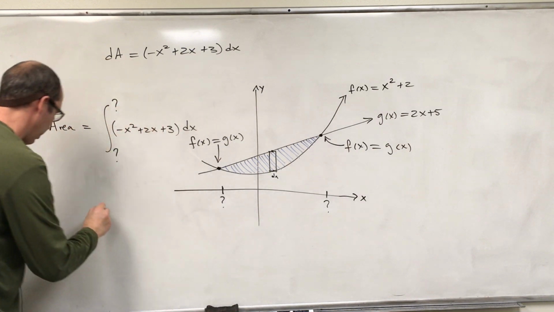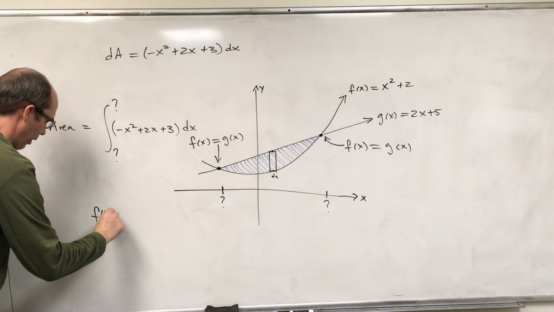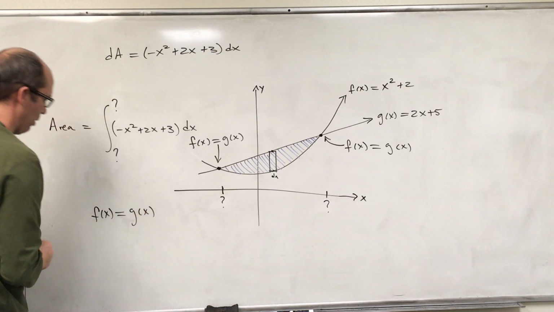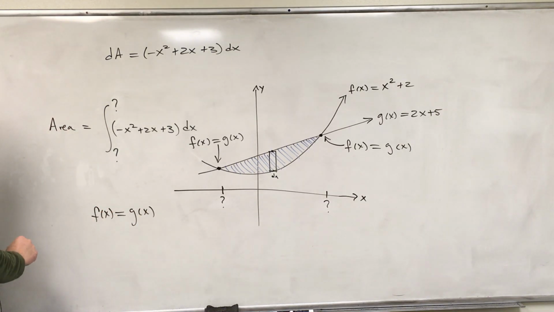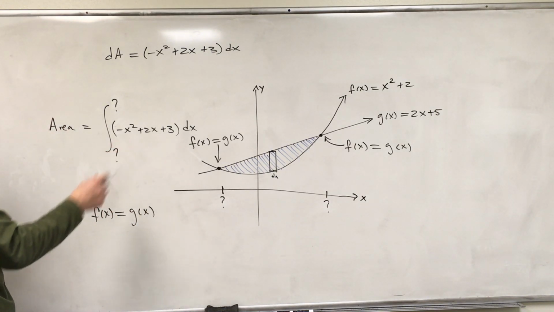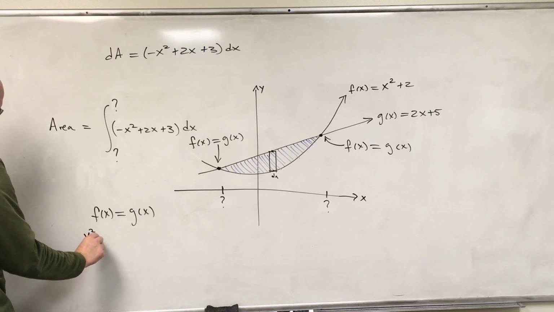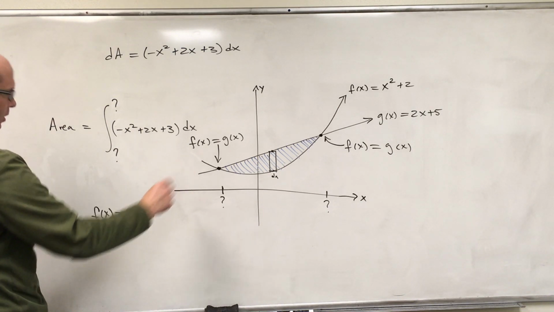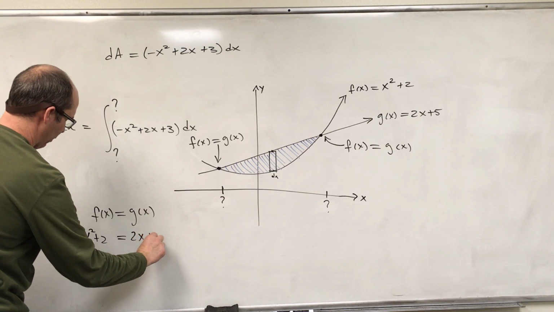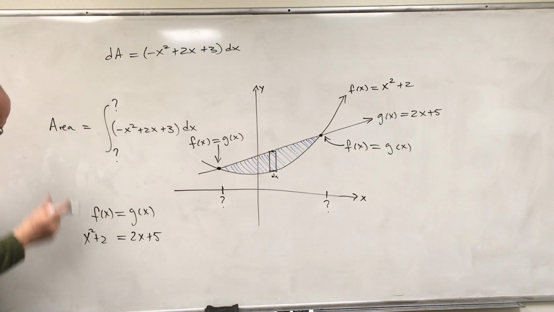We're going to solve this for x. f of x is x squared plus 2, and g of x is 2x plus 5.